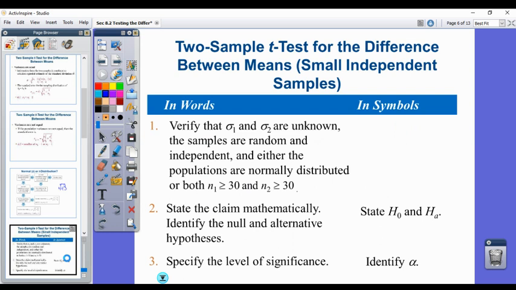So first, verify that your standard deviations are unknown. Verify your sample sizes. Then we always state our claim, and then identify our null and our alternative hypothesis. Specify your level of significance, that's your alpha.